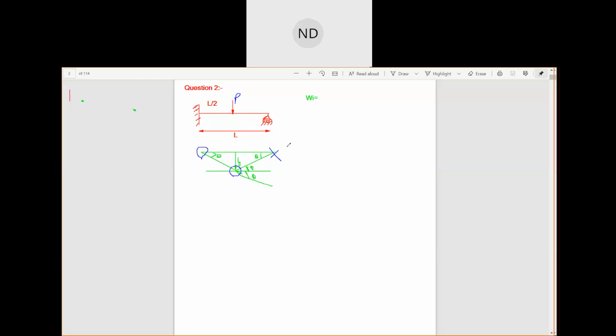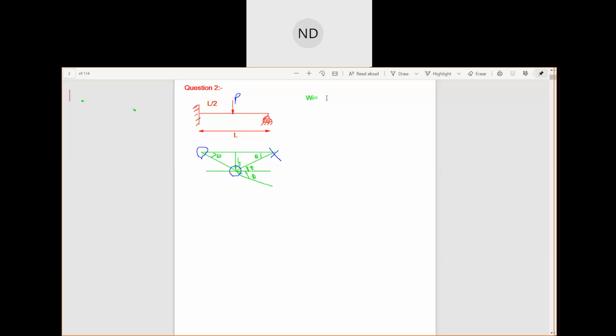Your internal work done will be MP into your angle theta, because we know our internal work done is the plastic moment at the plastic hinge into the rotation, right? So here your moment is MP. Let me change it to green.